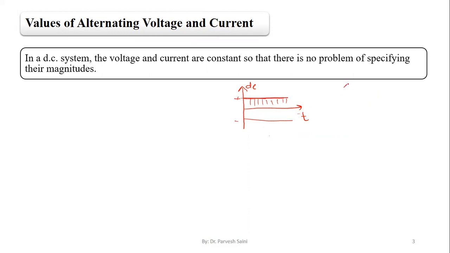But if we see an alternating quantity, let us take the example of a sine wave. So a sine wave, or an alternating quantity, let us say it is a voltage or it may be a current, alternating current or voltage. As you can see, it is varying with time.